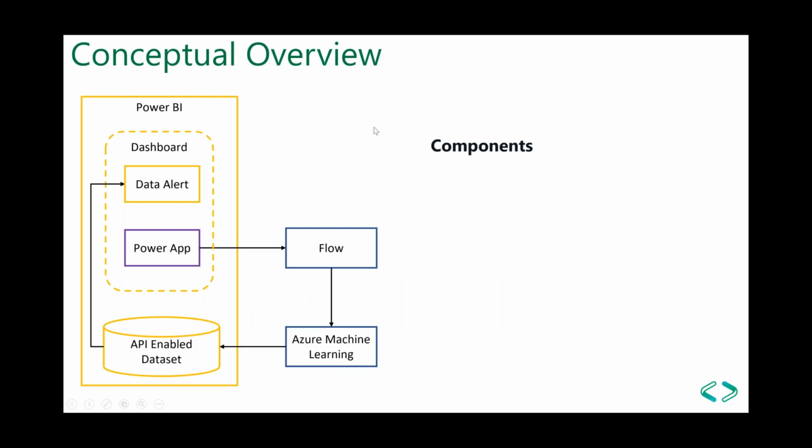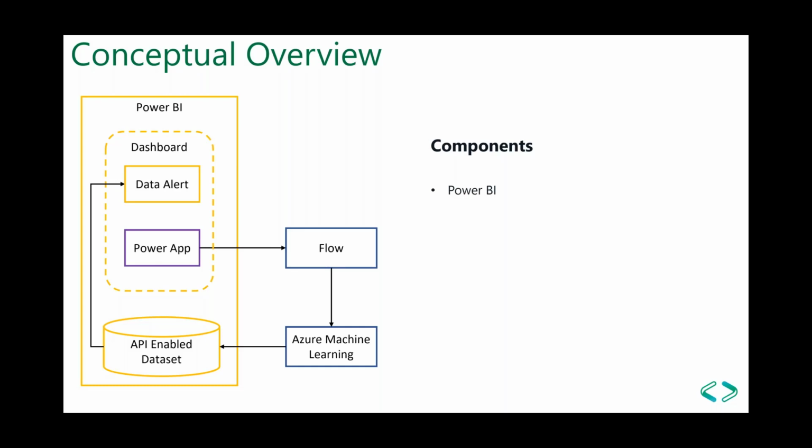So just to give a quick overview of the different components that we're going to be talking about today and help to understand how they interact. The first thing I'll be talking about, of course, is Power BI. Within Power BI, I'm going to be embedding a Power App. I'm going to be hooking that up to Flow, passing data into Azure Machine Learning, and then having the data come back in real time to an API-enabled data set.